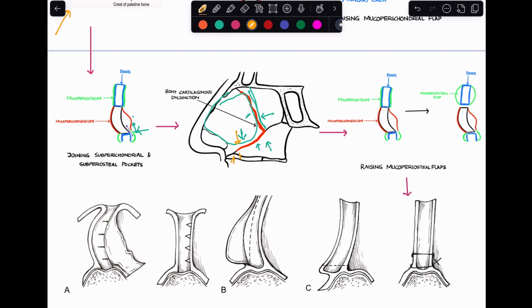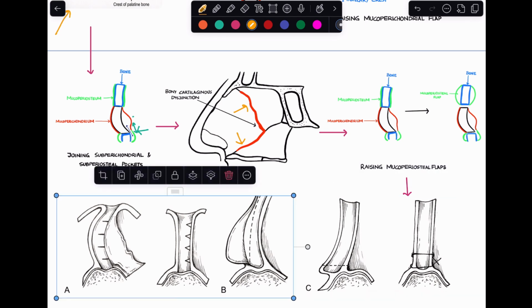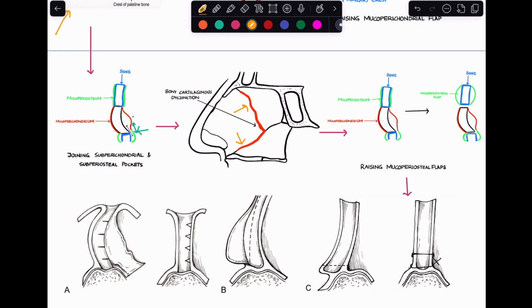So what we have at the end of this bony cartilaginous disjunction is that the septal cartilage will now be free posteriorly as well as inferiorly. So this is the next step. After we have mobilized the septal cartilage, and now that it is free over here, our next step would be to raise the mucoperiosteal flaps on both sides. How are we going to do that? Let's look at the image over here.